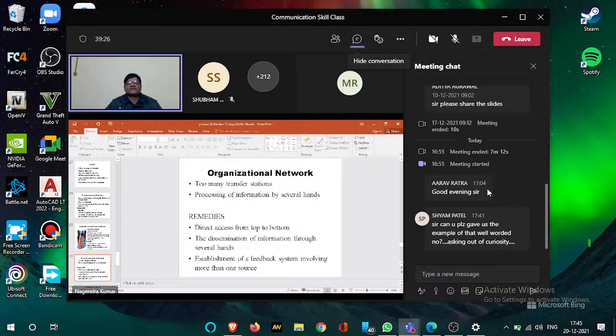So the organizational network should be transparent and should have a lesser number of transfer stations, and should establish a system where things are centralized. So I can just give you one example of how our communication works, the Dean of Infrastructure at IIT Roorkee.